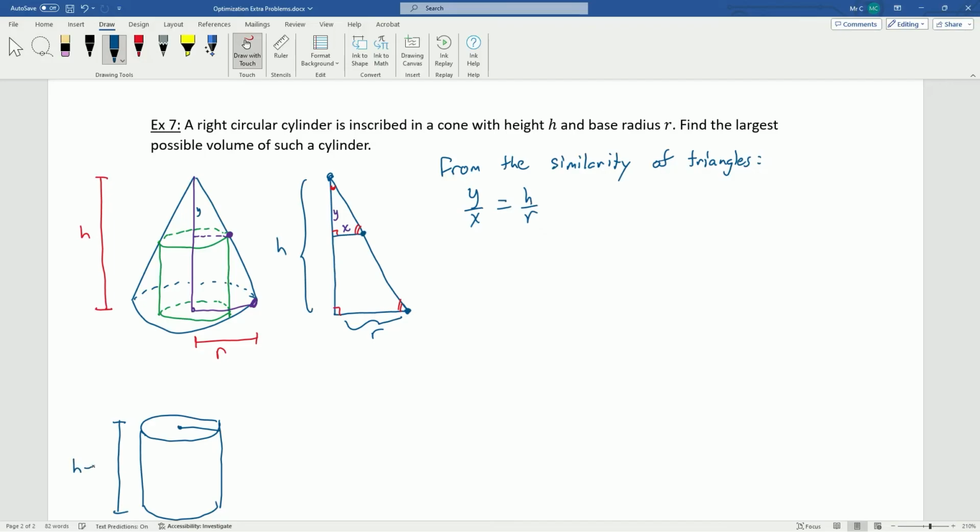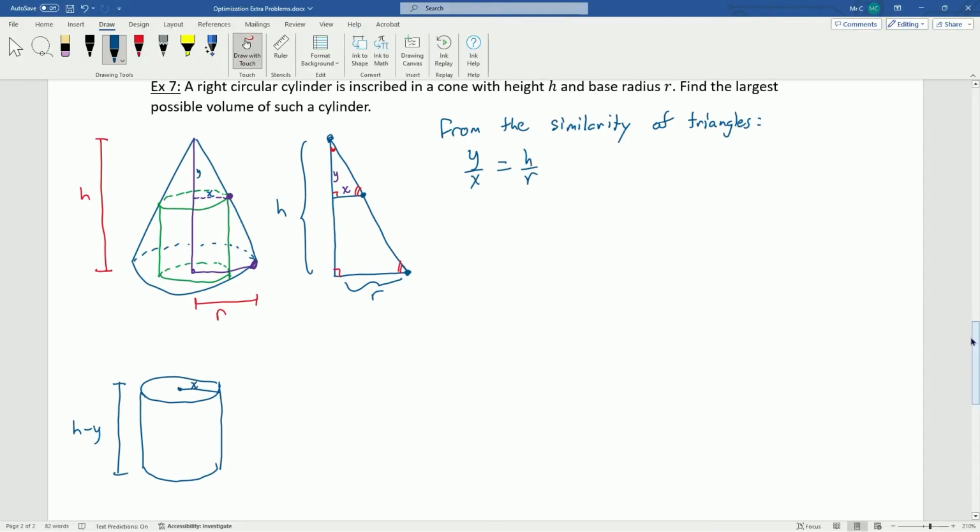So this height is h minus y. And of course, this x here is the radius of the cylinder. So that makes things a whole lot easier, because now I can say my volume for my cylinder is the area of my base, which is pi x squared, times the height, which is h minus y.